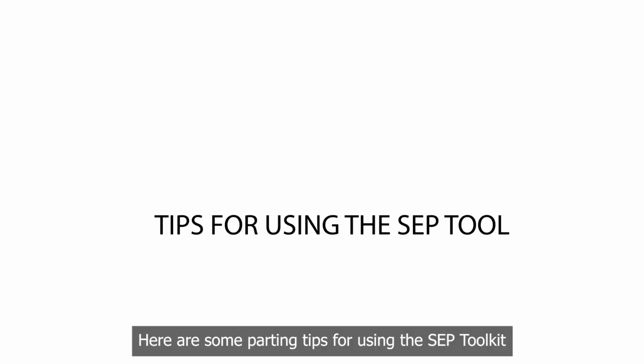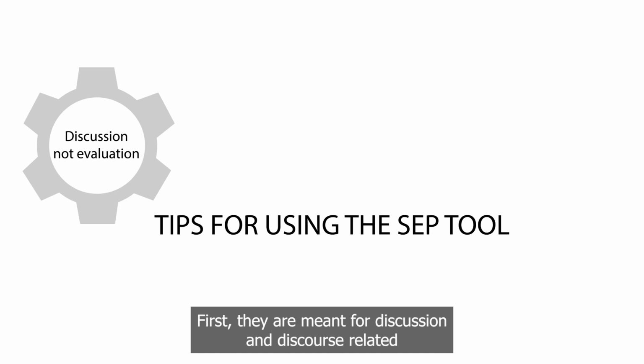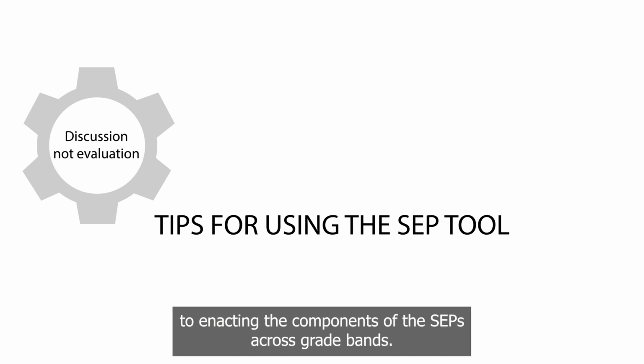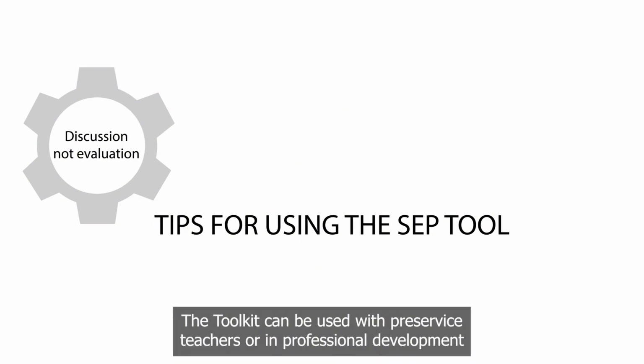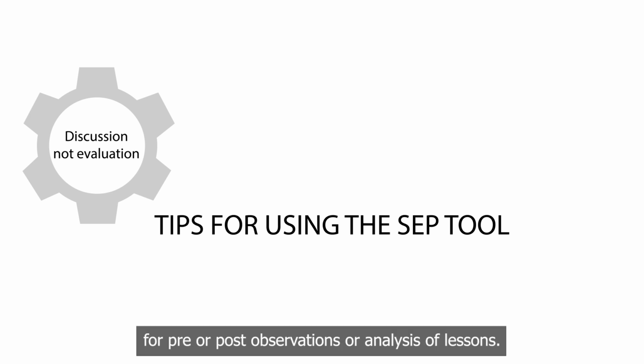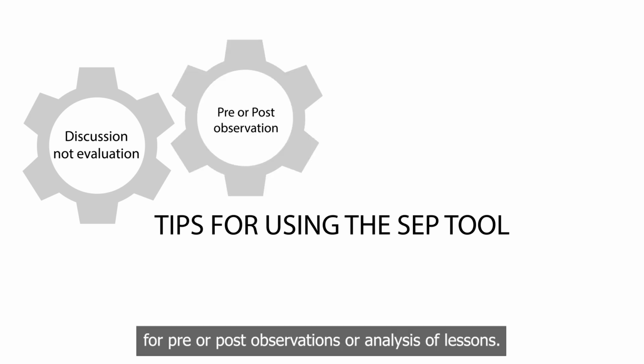Here are some parting tips for using the SEP toolkit. First, they are meant for discussion and discourse related to enacting the components of the SEPs across grade bands. The toolkit can be used with pre-service teachers or in professional development for pre- or post-observations or analysis of lessons.